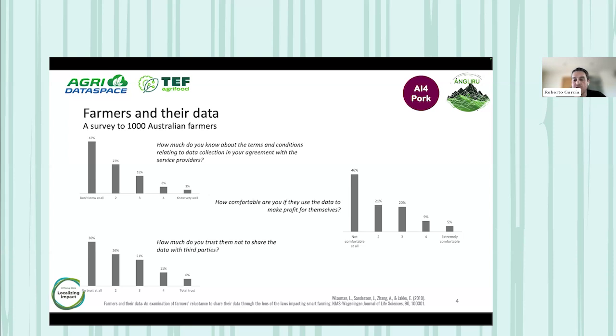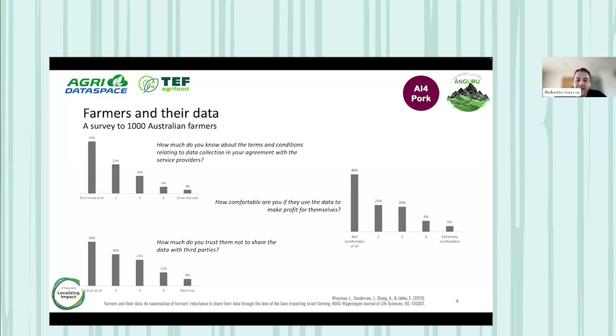Like we do with social networks, it's also common there. We just go through these screens with a lot of incomprehensible text and we just accept, and later maybe we realize what we have accepted when we see, for instance, that our picture has been used to train an artificial intelligence.